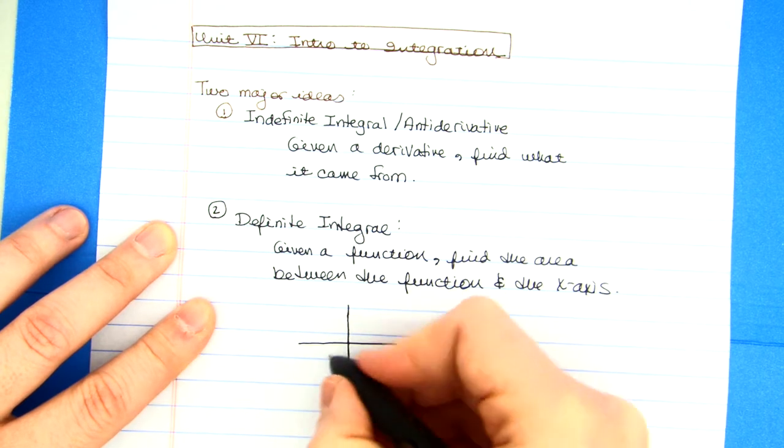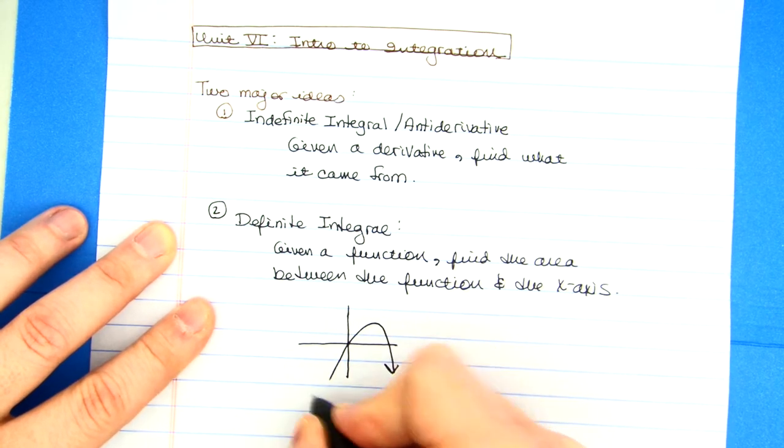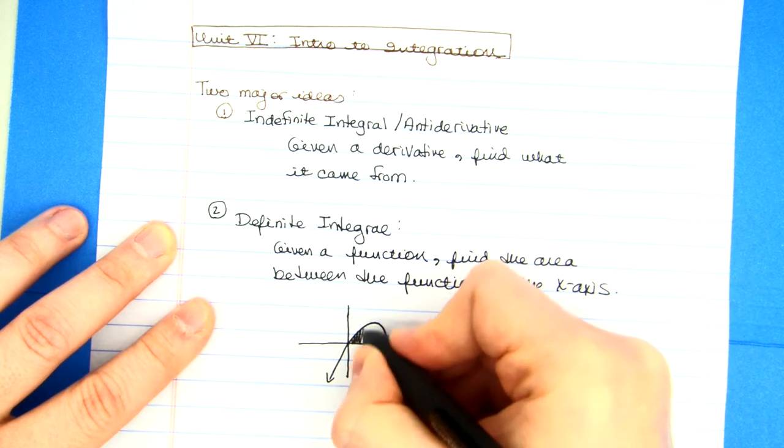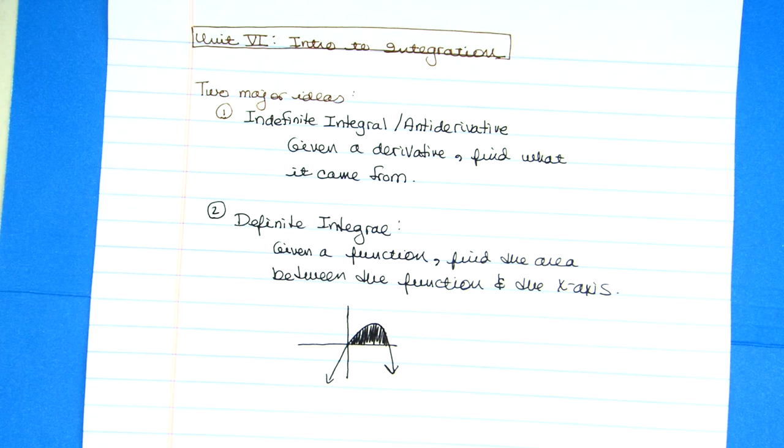So for example, if we have, I don't know, maybe a parabola like this, definite integrals will find that area, the area between the function and the x-axis. And obviously there's a little bit more to the definition, but we'll get there when we get there.